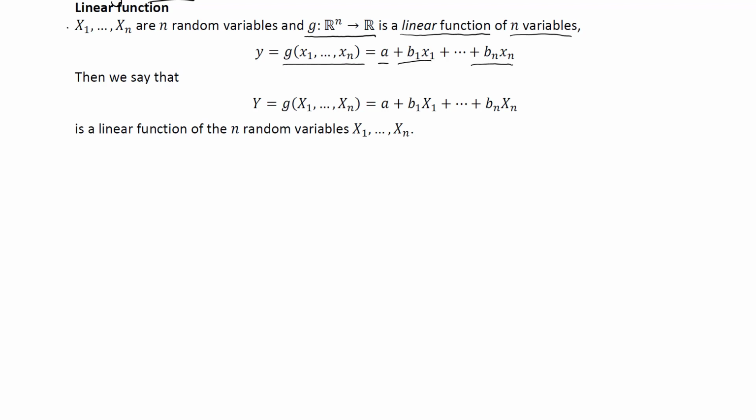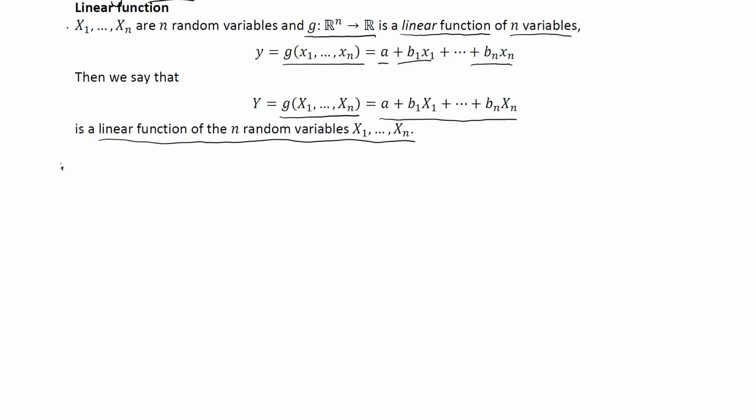So if I create a linear function of my n random variables, giving me the same expression but with random variables instead of ordinary variables, then we say that our random variable y is a linear function of the n random variables x1 through xn.